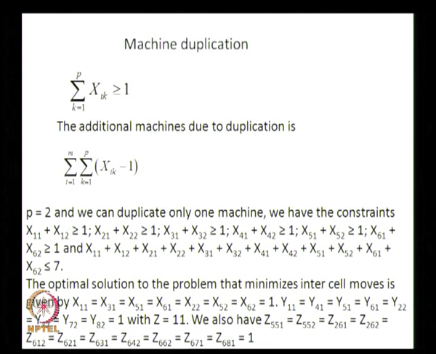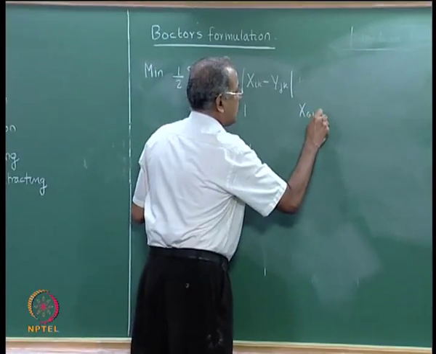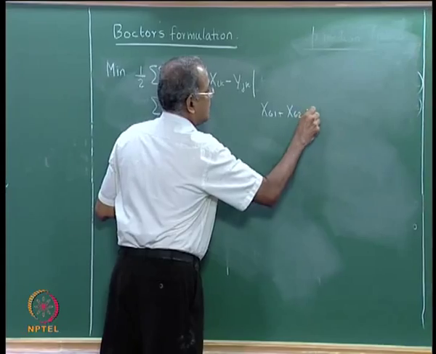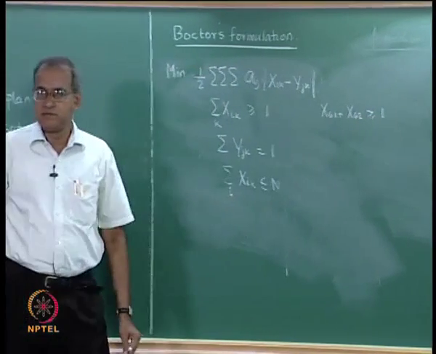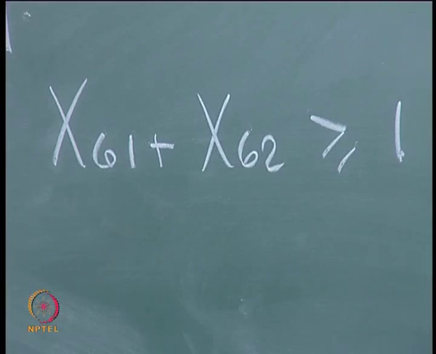But x ik is also binary, which means we are basically allowing a constraint of the type x61 plus x62 greater than or equal to 1. We are also allowing x51 plus x52 greater than or equal to 1 and so on when we write this.